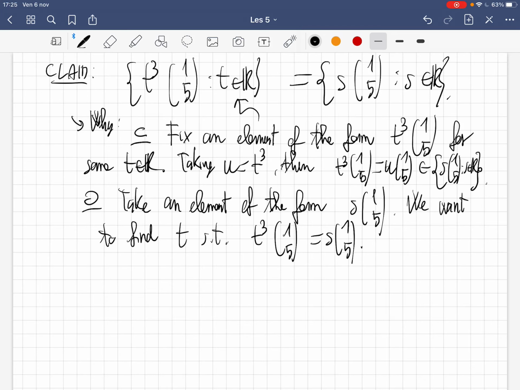Well, you can do this. We can take t equal to the cubic root of s, which always exists.